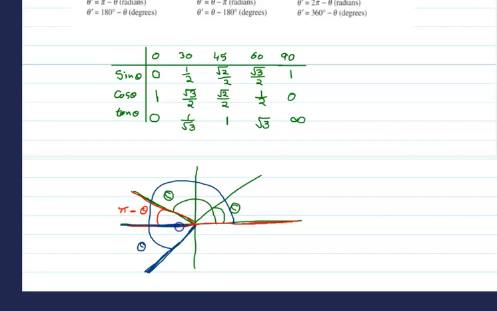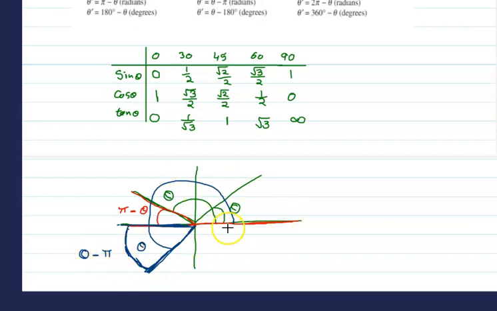This one is going to be the reference angle, and since the angle is larger than pi, this acute angle is going to be theta minus pi, because we subtract the whole pi from the given angle. So in the third quadrant, reference angle is going to be theta minus pi.